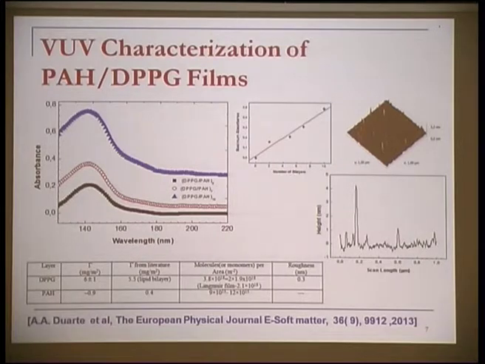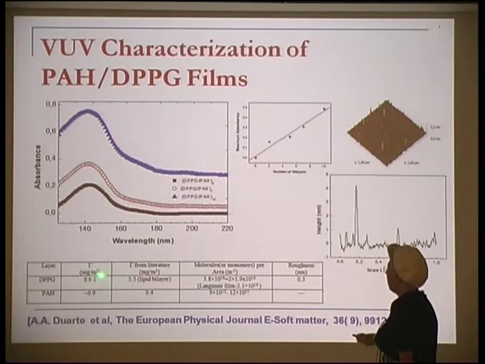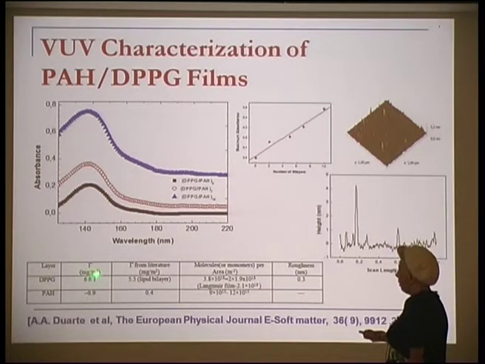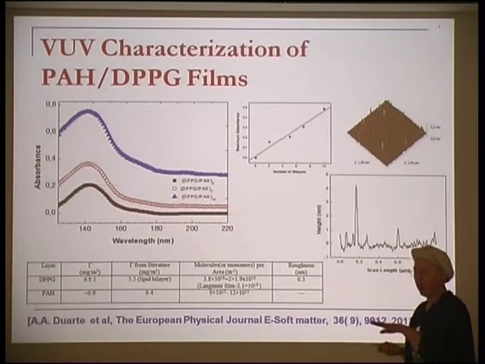But it is interesting, after characterizing the adsorbed amount in these films from the UV spectrum, we can obtain values of 6 milligram per square meter, which is related with one bilayer.